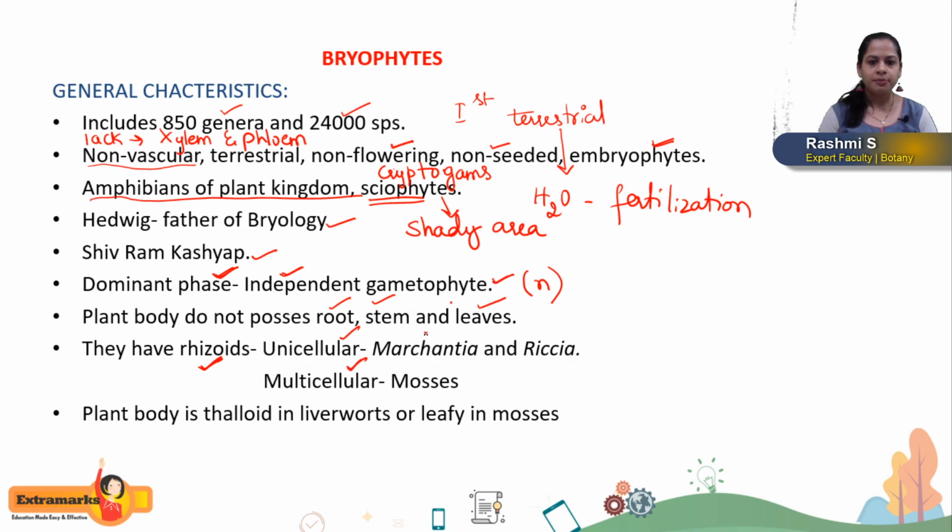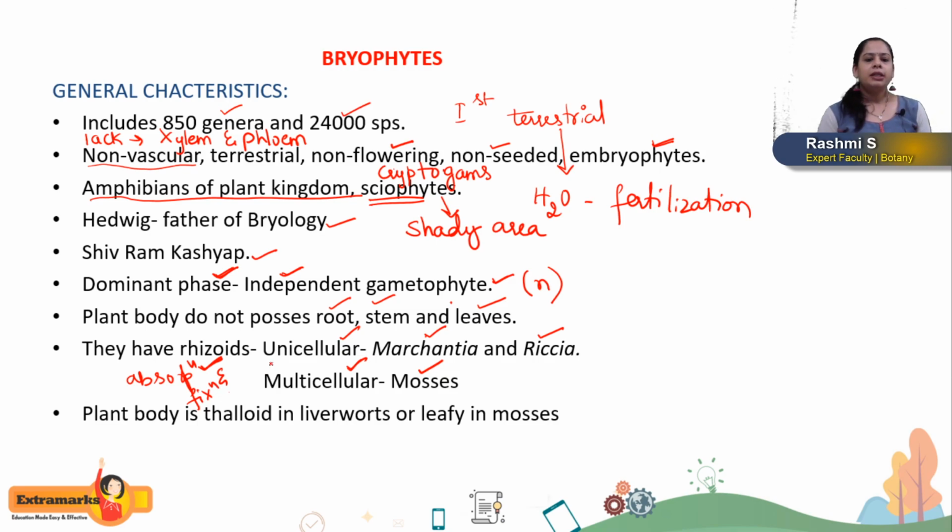Unicellular rhizoids are present in Marchantia and Riccia. This is very important for competitive exams. Unicellular rhizoids are found in Marchantia and Riccia, and multicellular root-like structures are present in mosses. And what is the function of rhizoids? Rhizoids help in fixation and absorption.